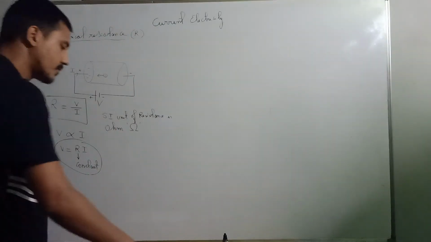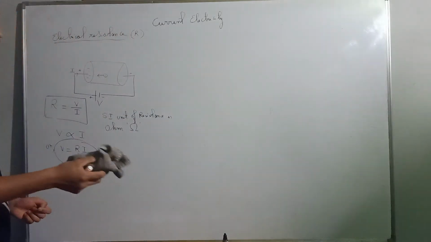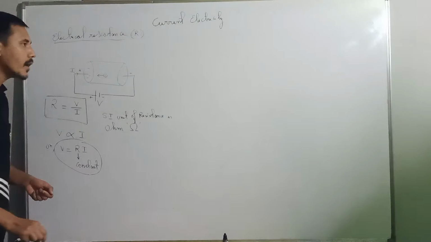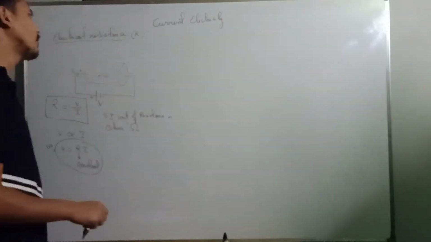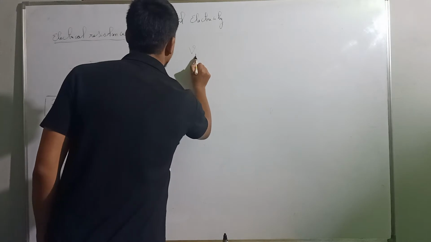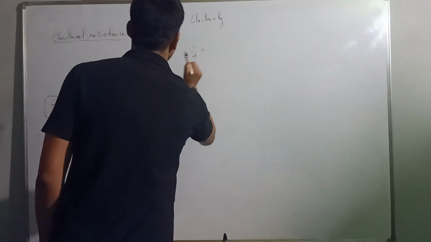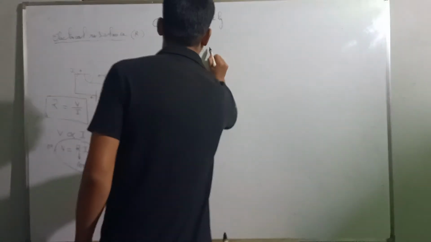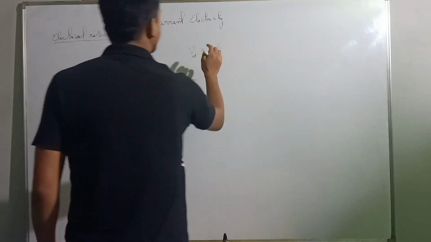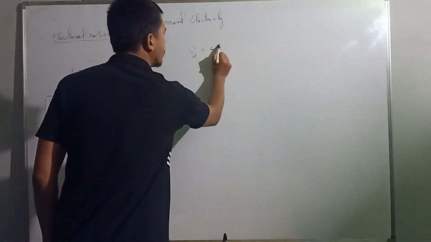Now, in the first video on the concept of drift velocity, we derived the formula for drift velocity, which was Vd equals e E tau upon m, where e is the charge of an electron.